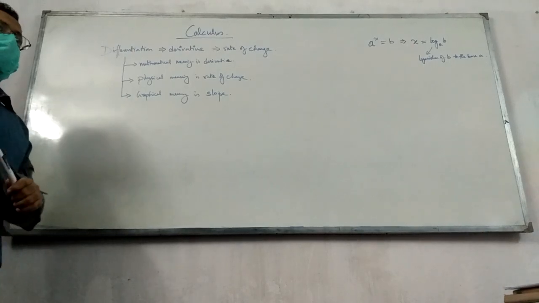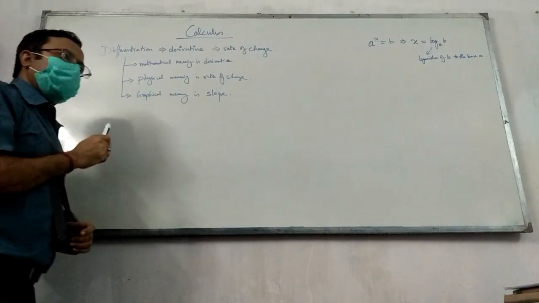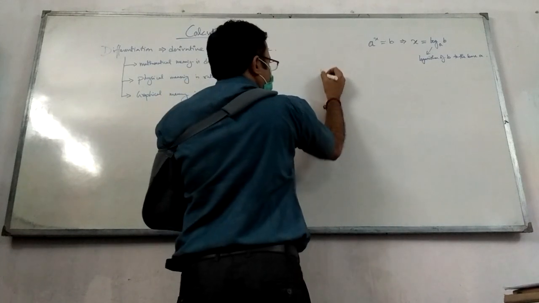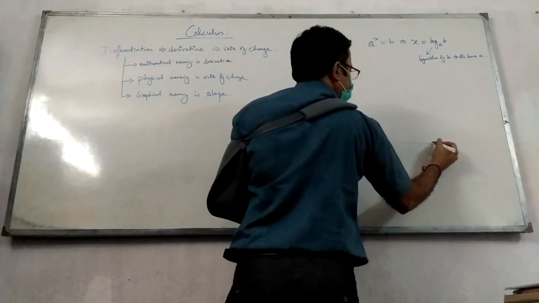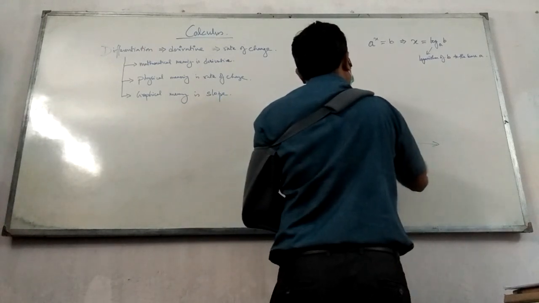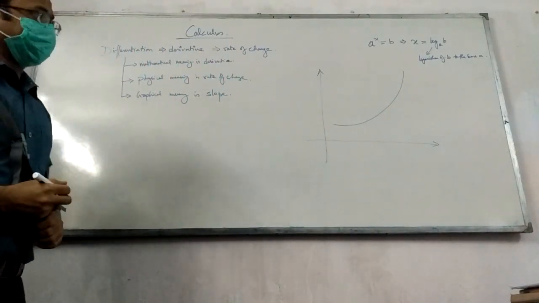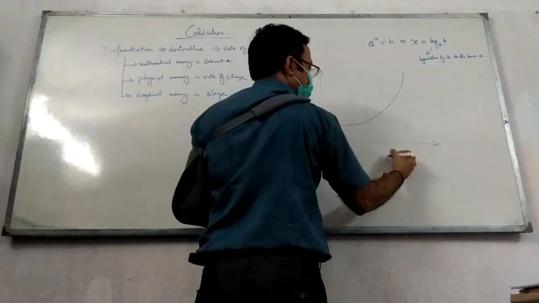So let us understand this the best way with the help of a graph, because a graph is the best way to understand this. Say there is a function y equal to f of x. When plotted on a graph, it gives us a graph something like this. A velocity-time graph, increasing acceleration.